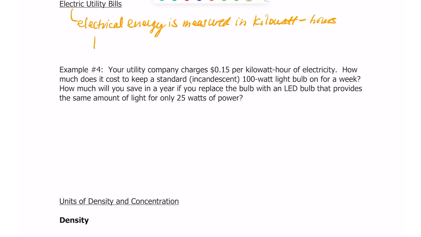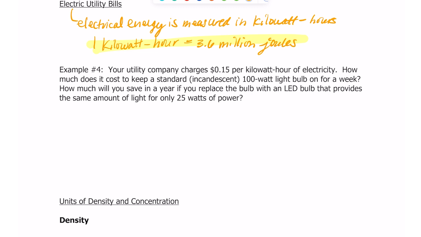And for your interest, 1 kilowatt hour's conversion is 3.6 million joules. Okay, and you can always look all of this up, by the way.